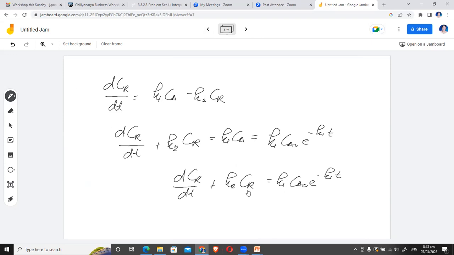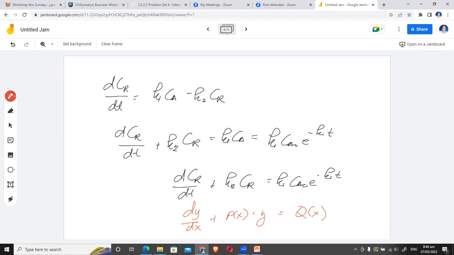If you compare this to the DE, this is your dy/dx plus p of x y equal to q of x. So that's the form that we have. Everything here on this side is a function of the independent variable, time, and our independent variable there is x.